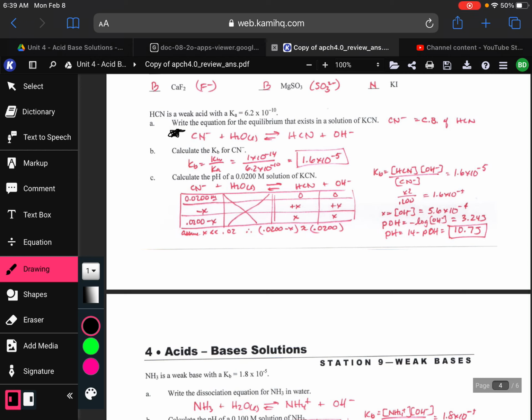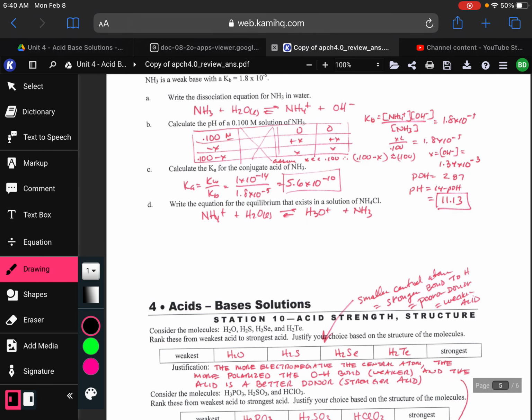So just use your equation above, work out the ICE table for cyanide acting as a base. Then once you get the X value, that's actually going to be your hydroxide concentration. So when you take the negative log, that's the pOH there, and then they did 14 minus the pOH to get the pH.